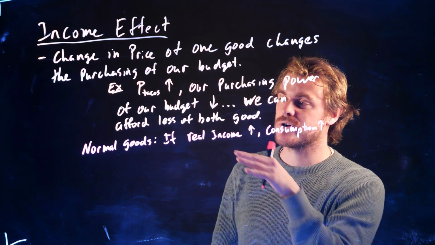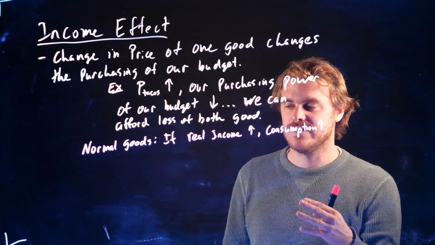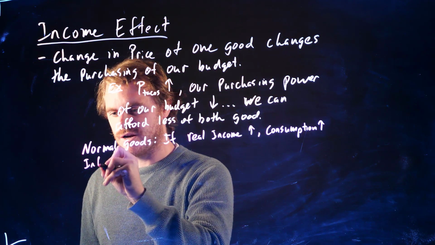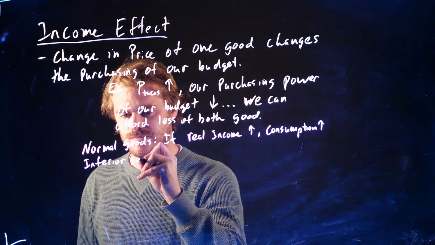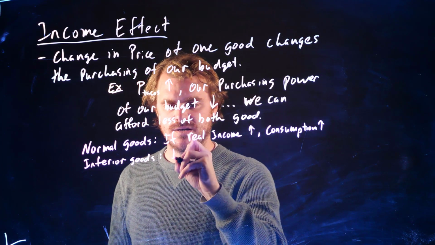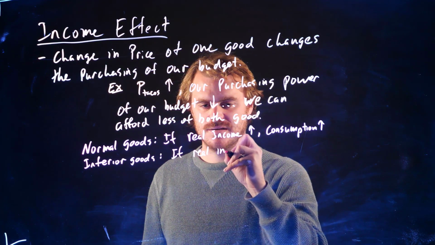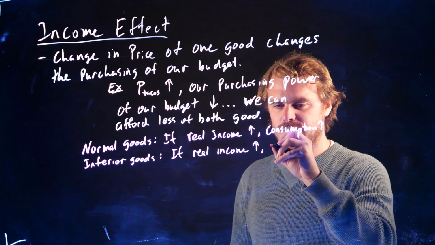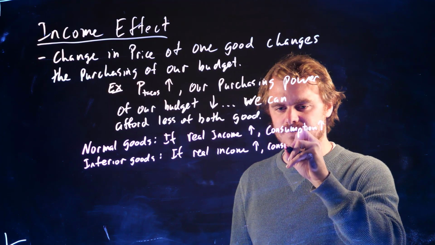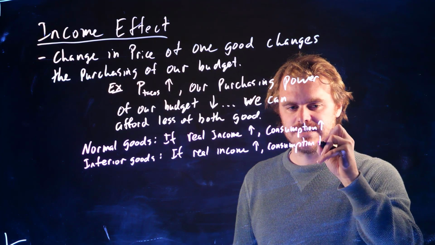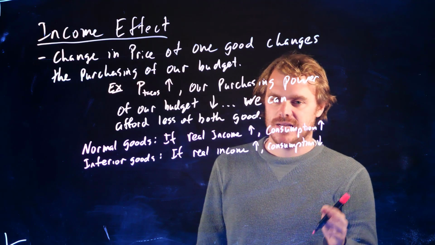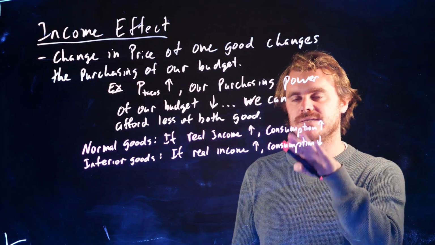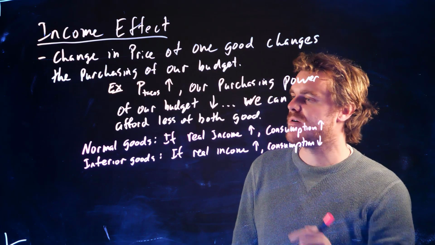The income effect portion of this total change in consumption will be positive. We also learned about inferior goods. And here, if real income increases with inferior goods, remember that demand or consumption decreases. Now this is just the income effect part of it, not the total consumption. This is just the consumption due to the income effect.